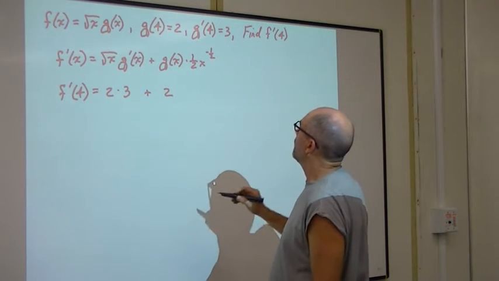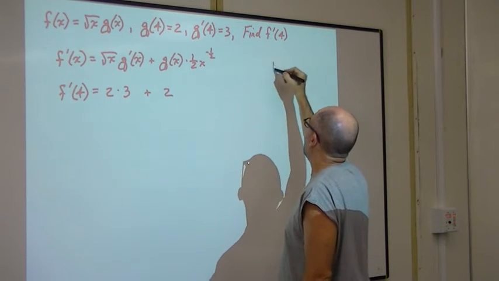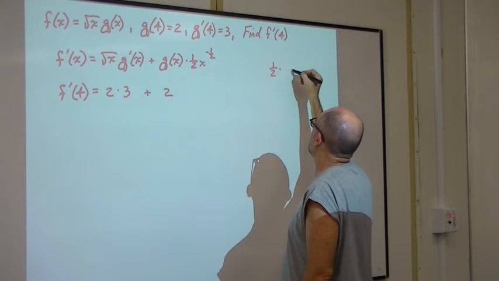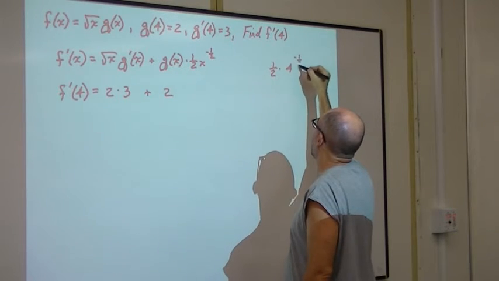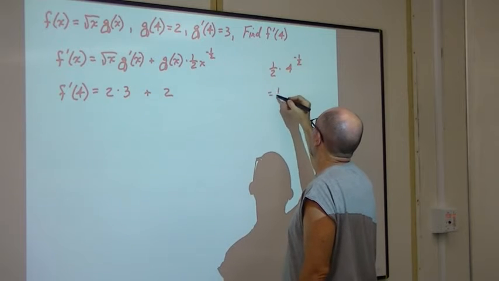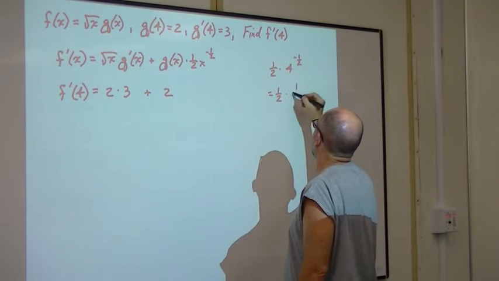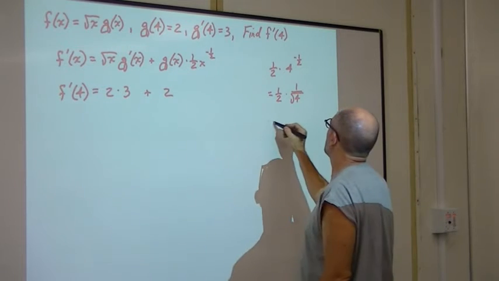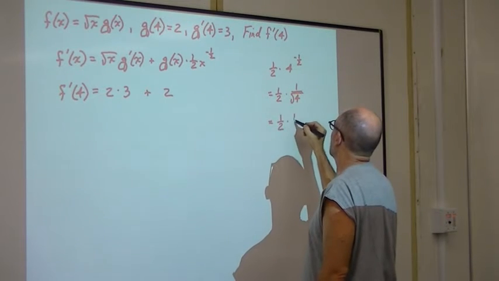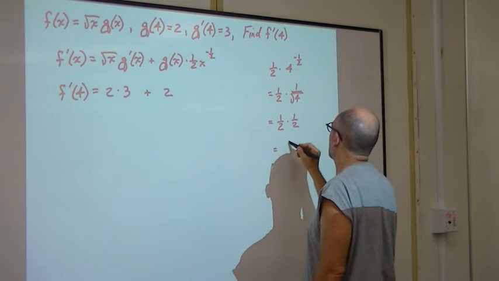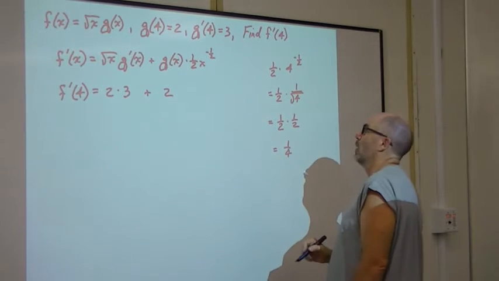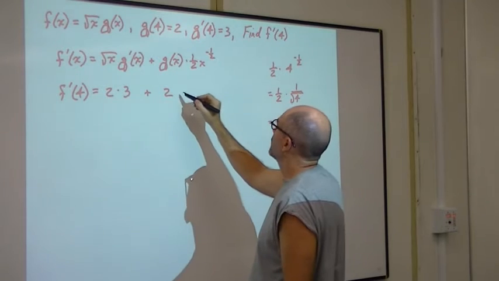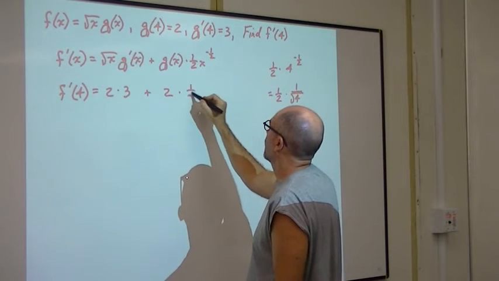Now, 1/2 times 4 to the negative 1/2 is 1/2 times 1 over the square root of 4, which equals 1/2 times 1/2, which equals 1/4. Okay, so that's what this term equals, is 1/4.